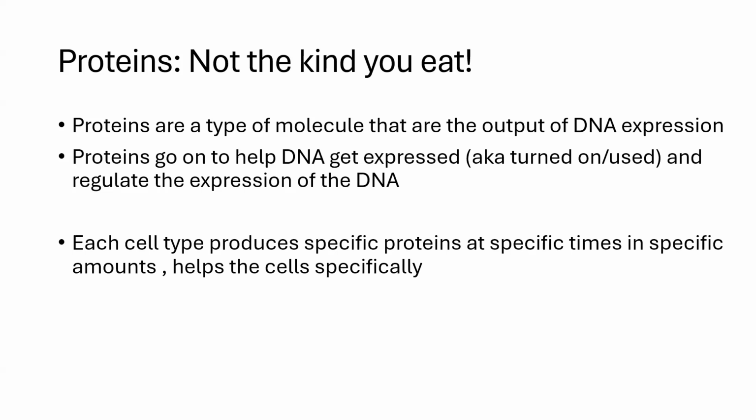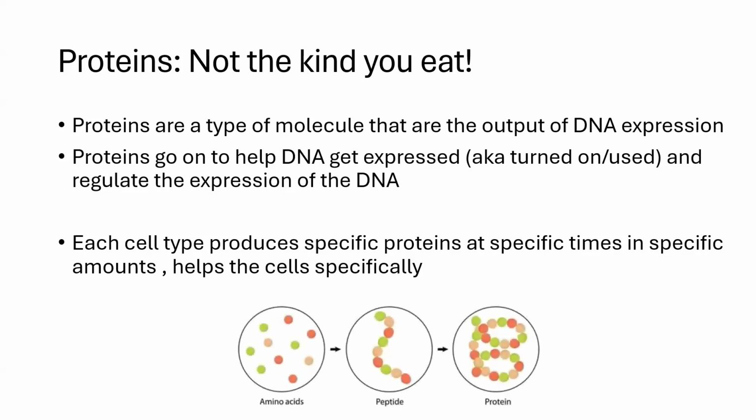There are so many different types of proteins in the body, I don't even know if we can count them. These specific types of proteins are used by specific cell types. For example, when neurons are growing in a baby who's just born versus an adult human, there are very different proteins that help with the neurons.